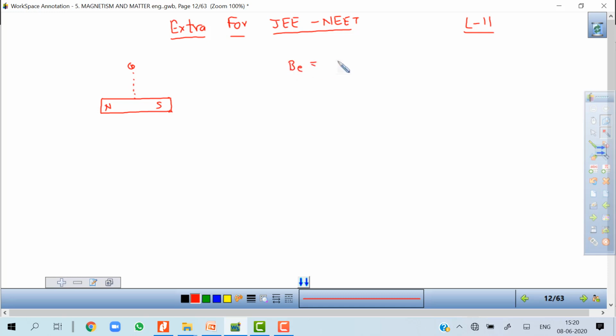So B_E is equal to mu 0 upon 4 pi, m upon d cubed. And if you take this point here on the axis, so we have B_axis is equal to mu 0 upon 4 pi, 2m upon d cubed. Okay.